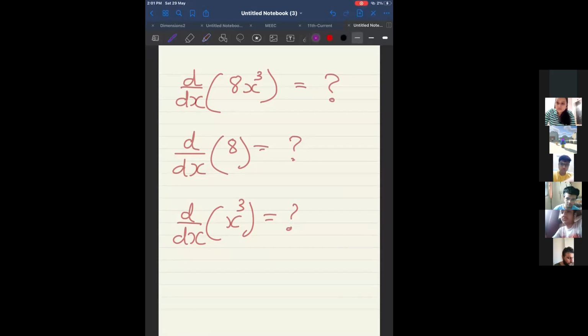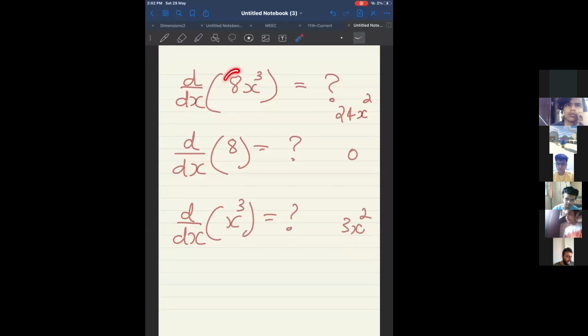Sir, the first is 24x square. Okay, then the second is 0, and the third is 3x square. Perfect. I think these are the right answers. All of you getting this? Yes, sir. So my intention for telling you this is that 8 is a constant, so it will go outside the differentiation sign.